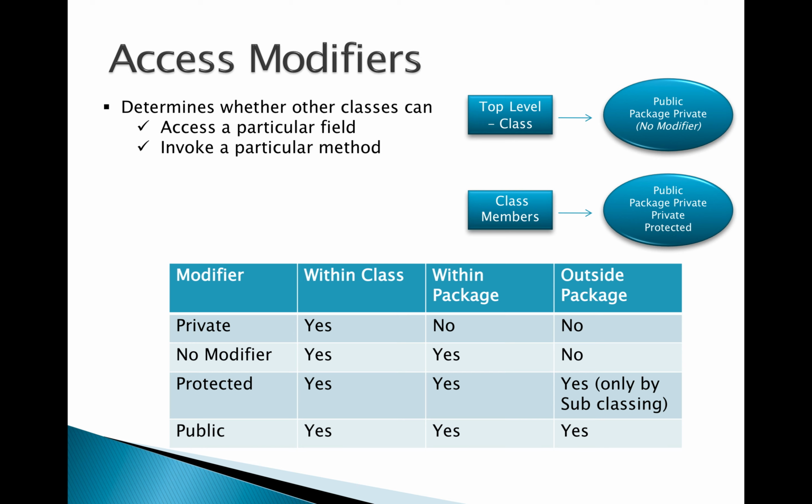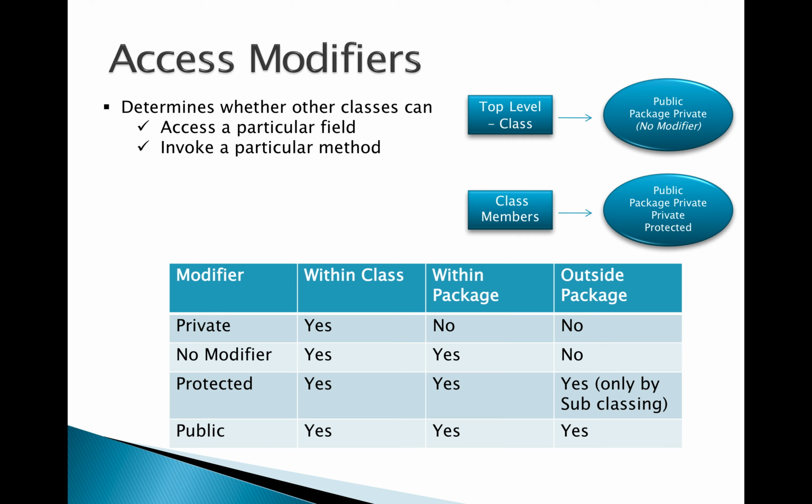If you see the private modifier, if you have anything as private, whether it is a class or a member, then that member can be accessed only within the class. The scope of the access is within the class. You cannot access private members within a package.